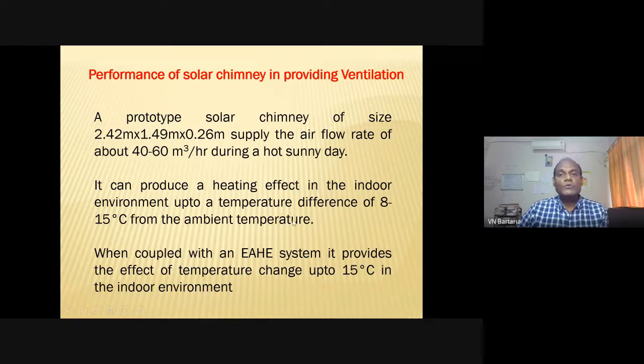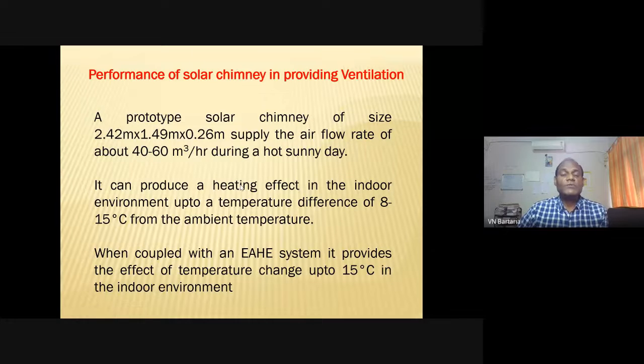A prototype solar chimney of size 2.41 meter by 1.49 meter by 0.26 meter, a small prototype, supplied an airflow rate of about 40 to 60 meter cube per hour during a hot summer day. So a huge airflow rate can be obtained with the help of a solar chimney.